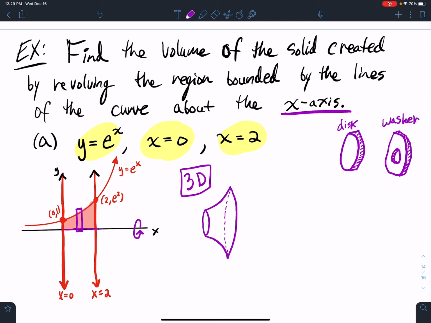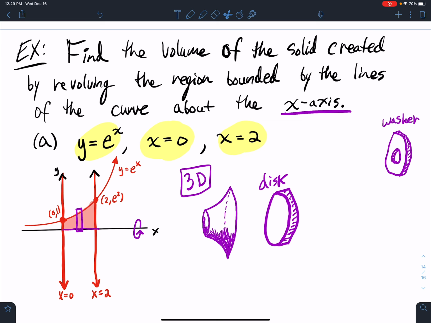I'll try my best to represent the 3D-ness of this object. Not the easiest thing in the world, but not too terribly hard. So that's the 3D shape there. Now I want to figure out what is the volume of one of those discs that belong inside of there.